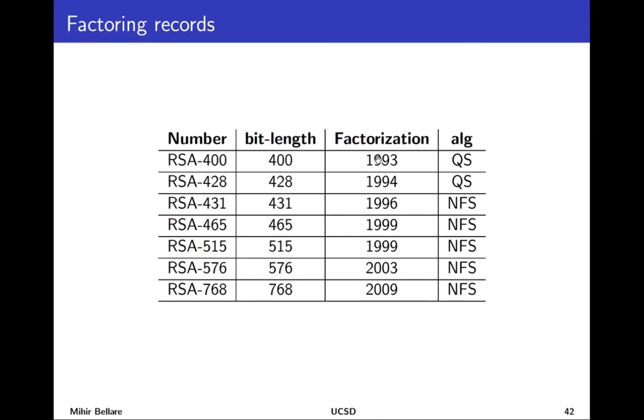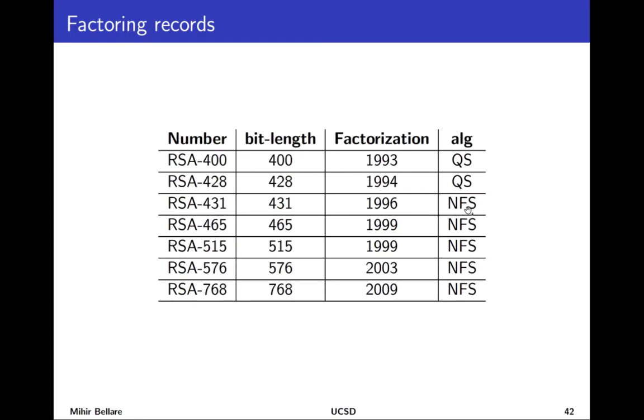So we can see that back in the early 90s, they were able to factor 400-bit numbers using the quadratic sieve. The reason that was interesting at the time was that the quadratic sieve had just been introduced. RSA didn't know when they posted this that this new algorithm would come and factor them.